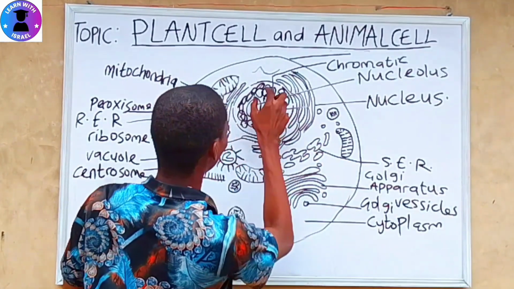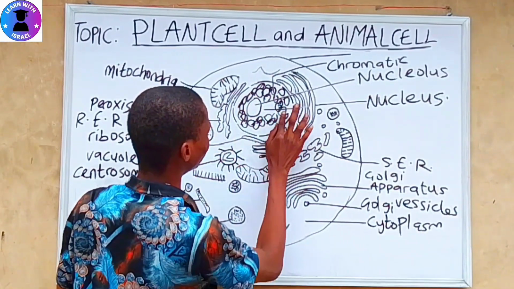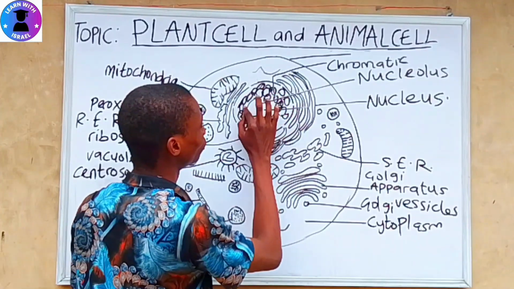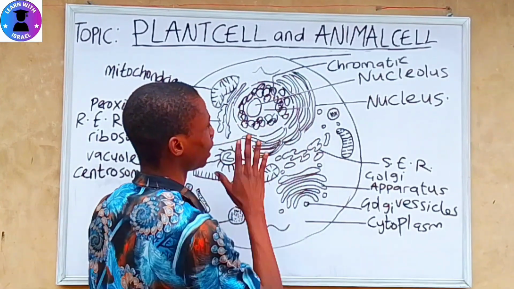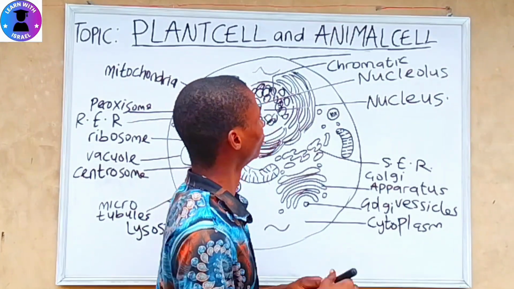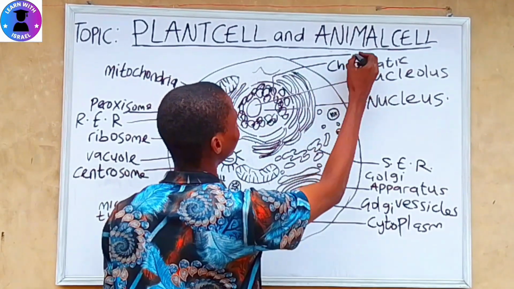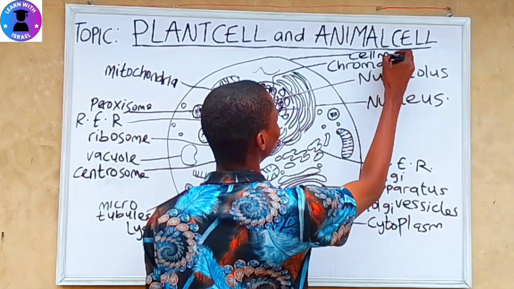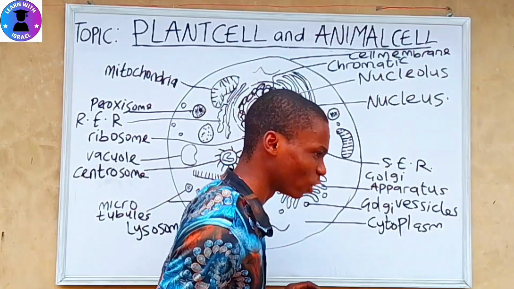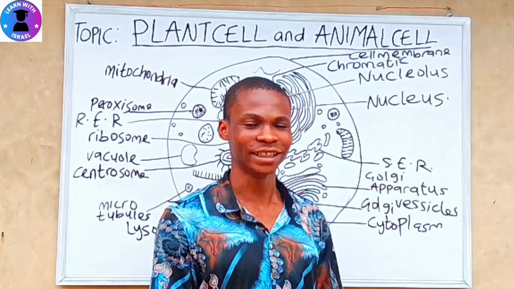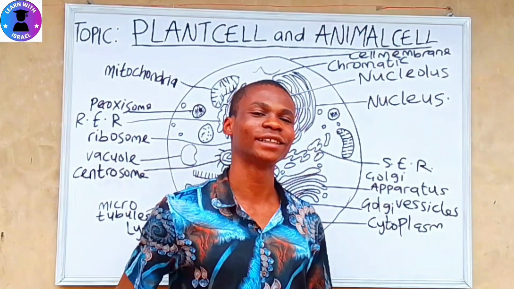This is the chromatin, while this is the nucleolus and this is the nucleus. I hope you understand better now. So the last part is the cell membrane. It controls what goes out and what enters into the cell.